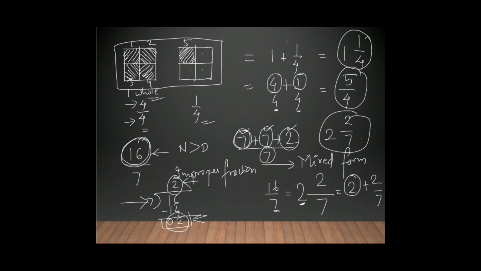Let's take some more examples of improper and mixed form. Suppose I have a mixed form, 2 1/3, and I want to convert it into improper form. To convert a mixed form into improper form, you multiply the denominator and the whole number, and add the numerator to the product.